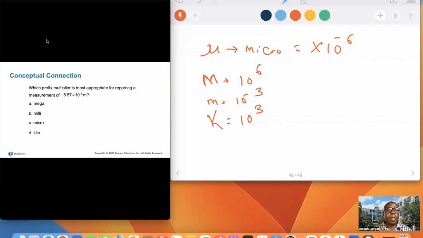So you are comparing. The question here is which one is appropriate. It's just a question of eyeballing and coming up with the best fit. And this is closer to micro, which is 10 raised to negative 6. The correct answer is C.